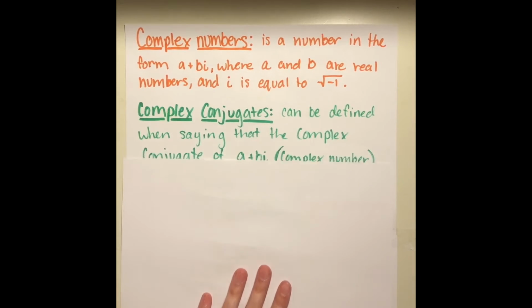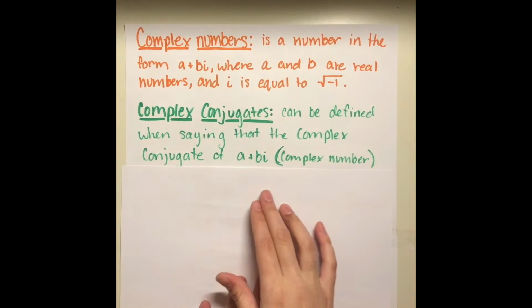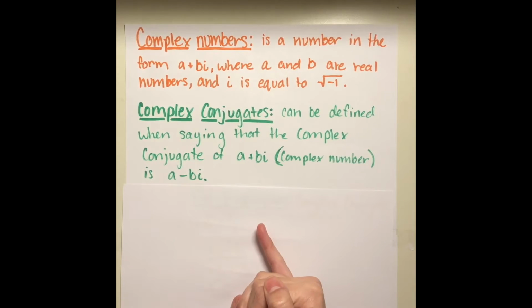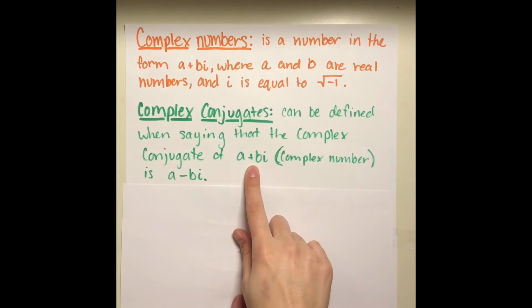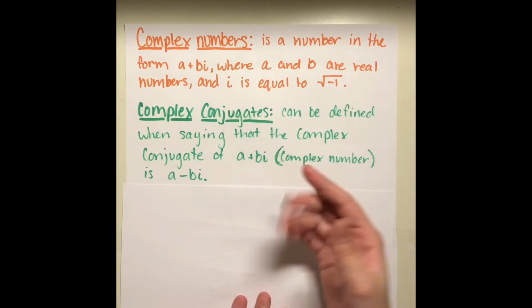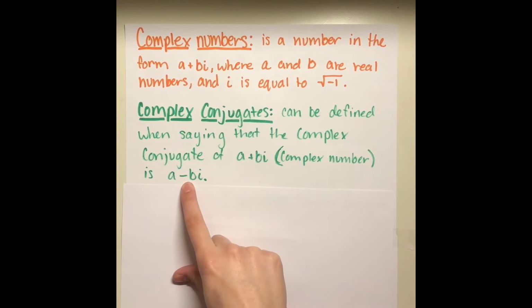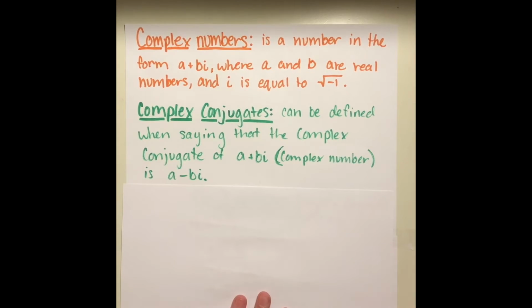It's kind of hard to define, but the complex conjugate of a plus bi, which is your complex number, is a minus bi. Basically you have your complex number, but the complex conjugate just has the opposite sign. You can see that there.